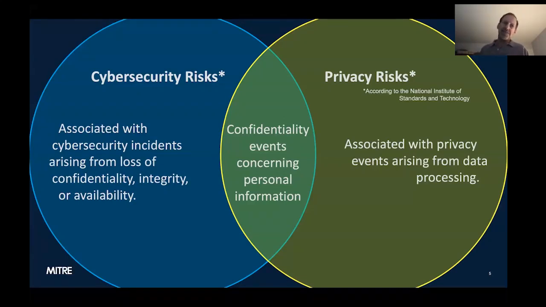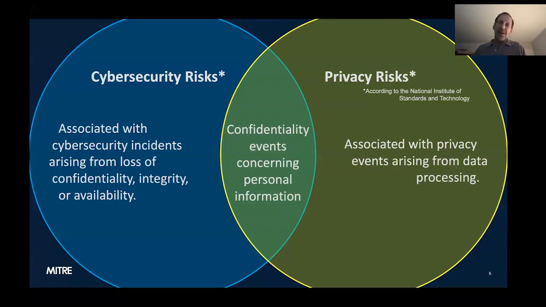The cybersecurity definition, which most of us are probably well aware of, basically boils down to the loss of CIA: confidentiality, integrity, and/or availability. Privacy risks, according to NIST, are associated with privacy events arising from data processing. That is admittedly not a particularly informative definition, but we'll run with it for our purposes here today.